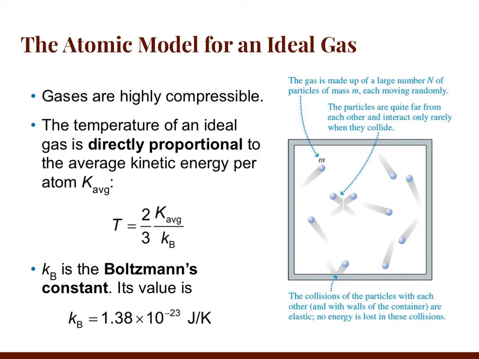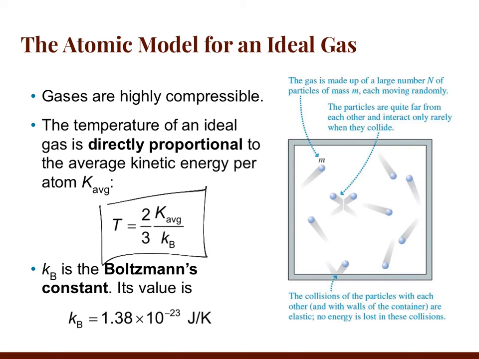So for today and tomorrow, we're going to be talking about ideal gases and thermodynamics for ideal gases, which are highly compressible, so they can have a variable volume. And today, what we're mostly going to be looking at is the temperature. You should remember from chemistry that temperature is based on the kinetic energy of the molecules. And the equation for that relationship is shown right here on this slide.